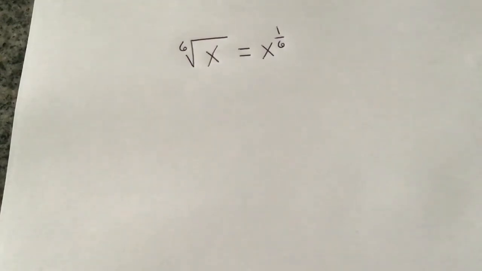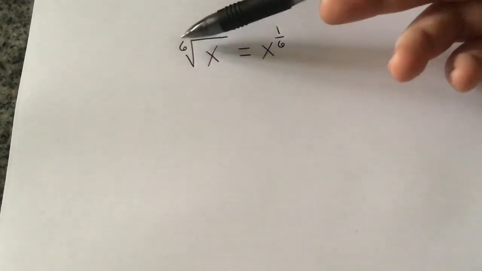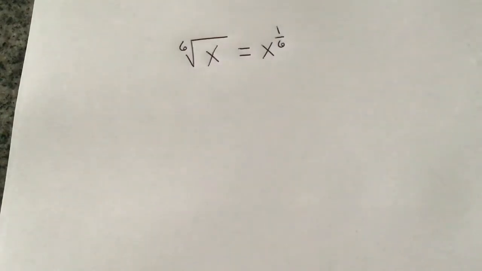Now, this is kind of unusual, but once you do a couple of these, it's going to be really easy to get the hang of how to translate between these two. What happens is, any fractional exponent is actually a version of a square root, or a radical, I guess I should be saying, since a square root is specifically a second one.